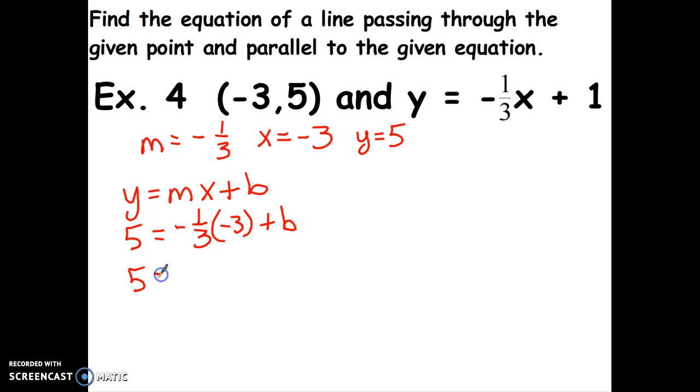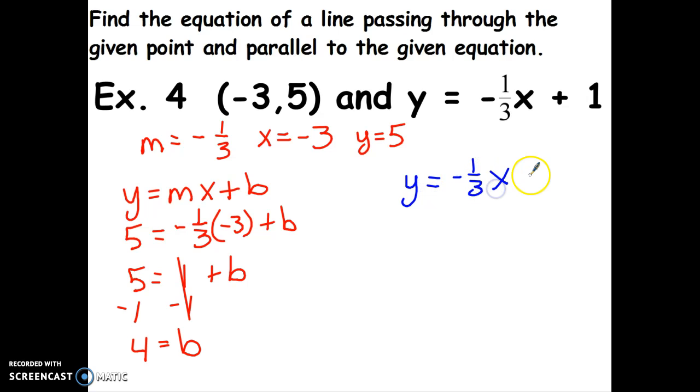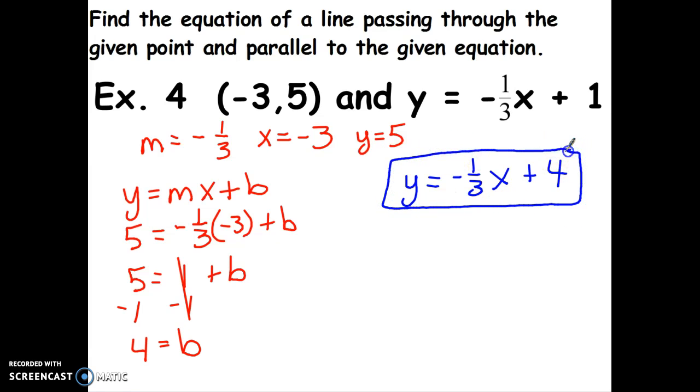All right, so 5 equals -1/3 times -3 is just +1. So let's subtract 1 on both sides. So 4 equals b. Our b is 4. So our equation is y equals -1/3 x plus 4. This equation is parallel to this equation.